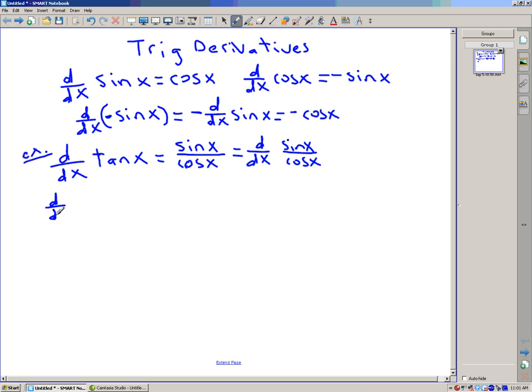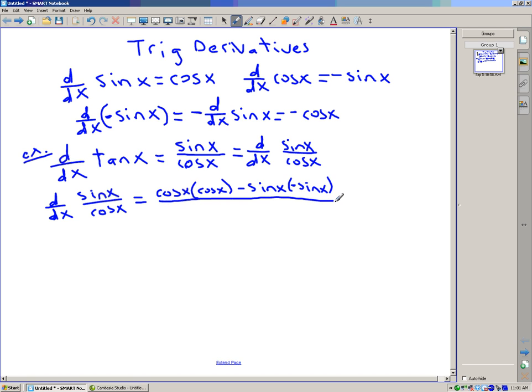So the derivative of sine of x over cosine of x is equal to the bottom times the derivative of the top. I'm going to have cosine of x, which is the bottom, times the derivative of sine, which is cosine, and then minus the top times the derivative of the bottom. And of course, the derivative of cosine of x is negative sine. And this is all over the bottom squared, which is cosine squared.